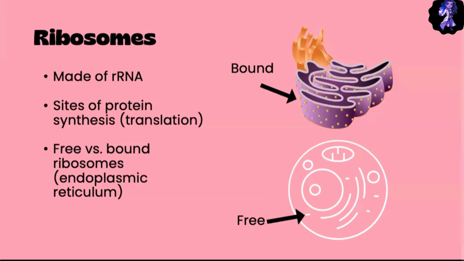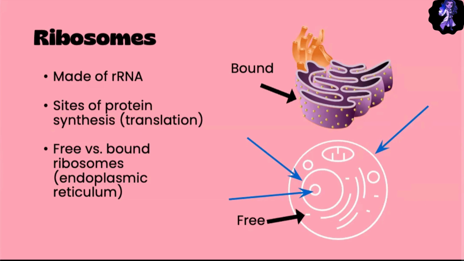So let's recap before we begin. Remember, we talked about the cell membrane, which is on the outside. We talked about the nucleus, which is the largest organelle in there. And then inside the nucleus, we talked about the main structure, which is the nucleolus.